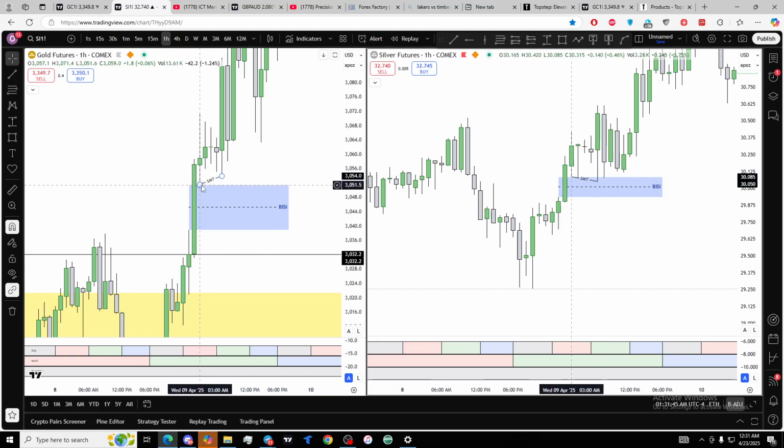As I point at this low, you will see in fact that it's the same low at 3 a.m. As I point at this low, it's the same low as 7 a.m. So it's SMT time. Now what we can do is go from the 1 hour to the 5 minute, because the 5 minute aligns with the 1 hour.